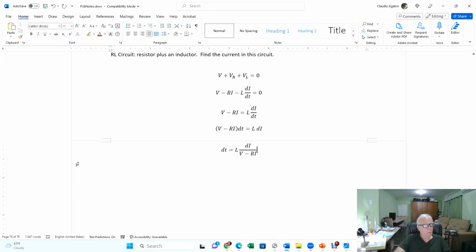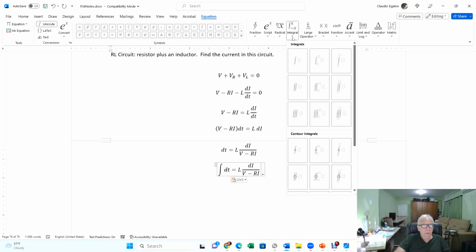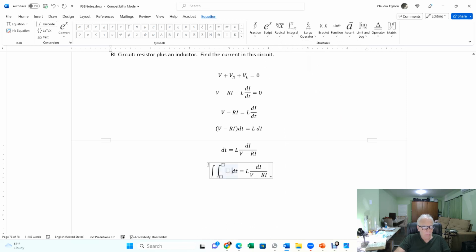And what else do I have to do? I have to apply an integral to both sides of this equation to find out how the current behaves from the instant of time 0, t equal to 0, to t equal to any generic t.